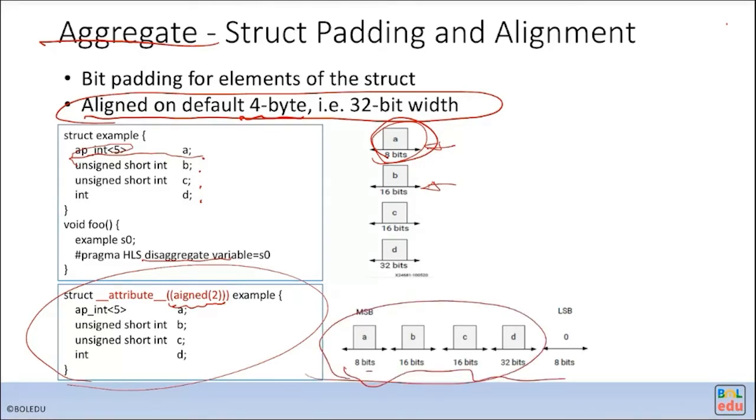In this case, you will pad 8 bits of zeros to make it 2-byte aligned. So when you do aggregation or disaggregation, you should be aware that bit padding and alignment happen here.